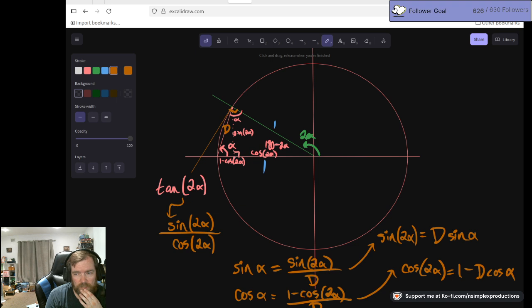So we're not relating it to D because that is dependent upon other stuff. But if we do it this way, this would be the tangent of 2 alpha.